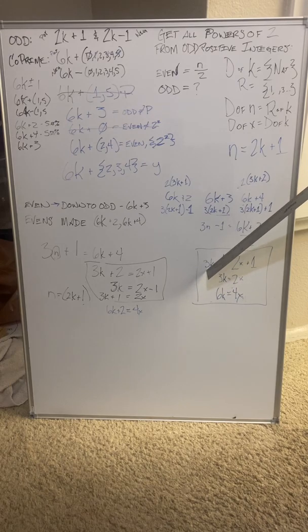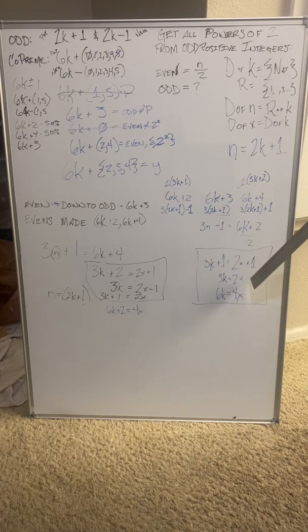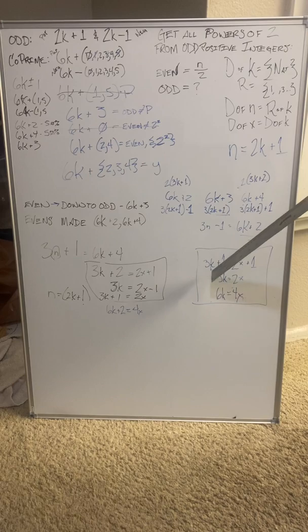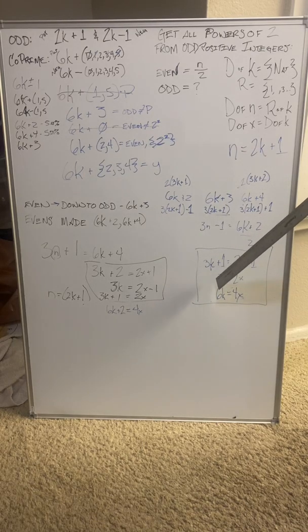When k is even, this works, right? You maintain parity, that makes it an odd. That can also work. When k is odd, this isn't true. When k is odd, you have a problem. So when k is even, this gives you an odd number, and that's fine, but when k is odd, we get an even number.